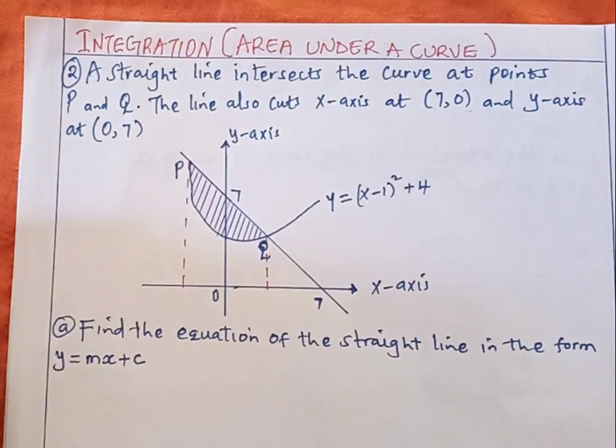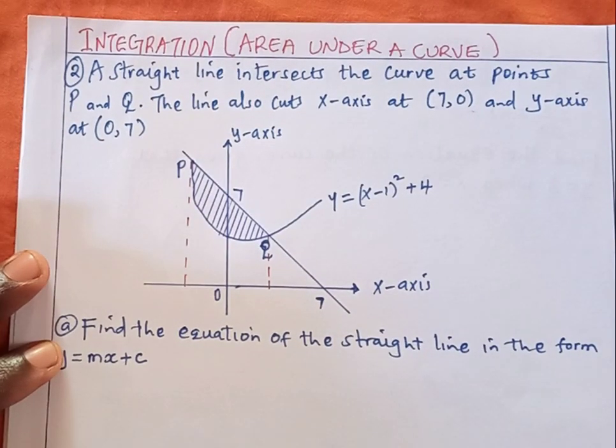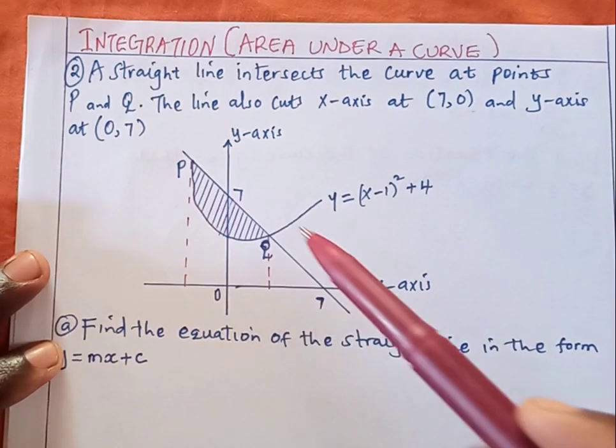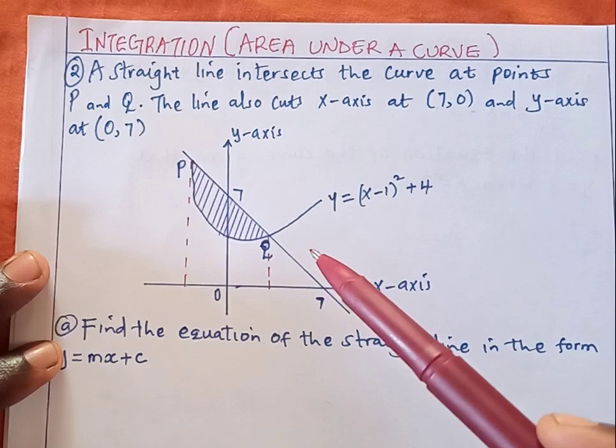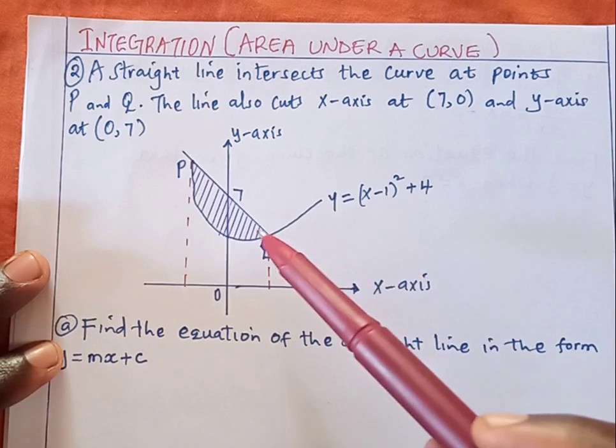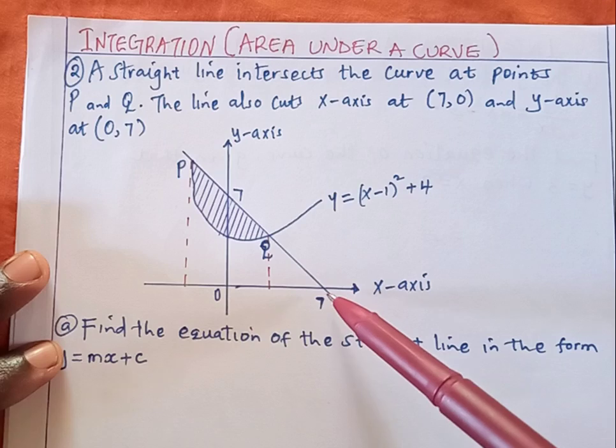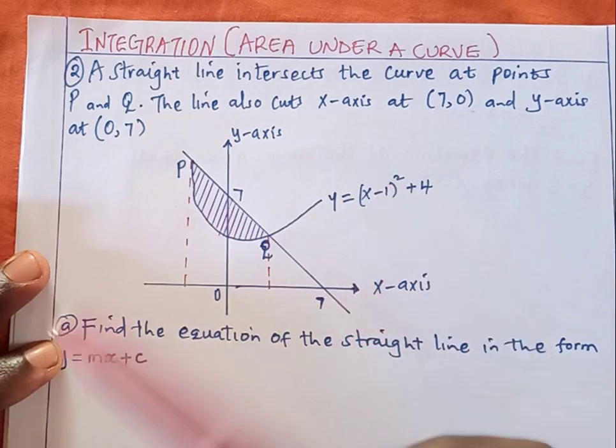Now let us begin. A straight line intersects the curve at points P and Q, and the line also cuts the x-axis at (7,0).